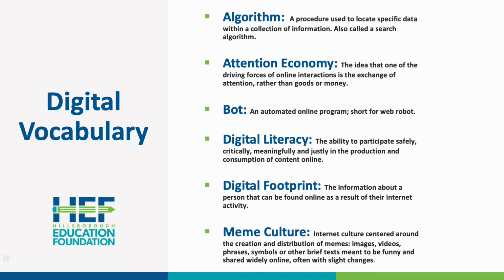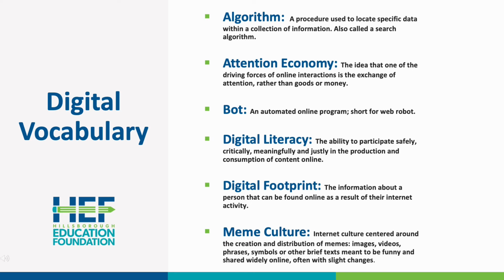The next word we have is digital footprint. The information about a person that can be found online as a result of their internet activity. So we just talked about that in the beginning, where it says, what is digital literacy and why is it important? We talked about digital footprint. So it's really how you're navigating and the history in which you have previously searched or browsed the internet.